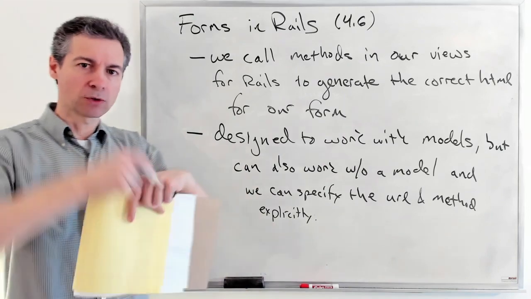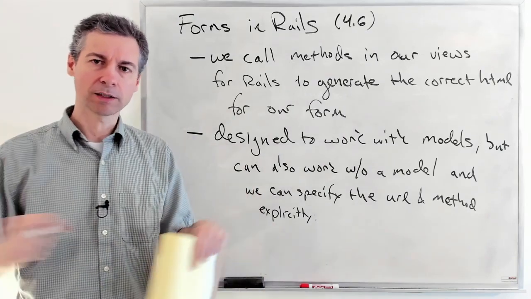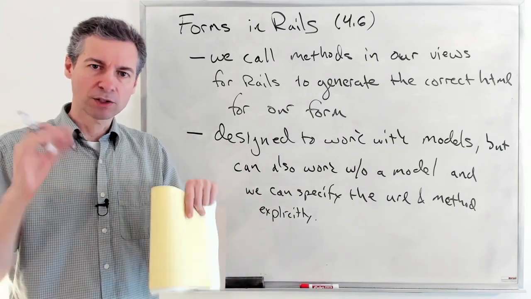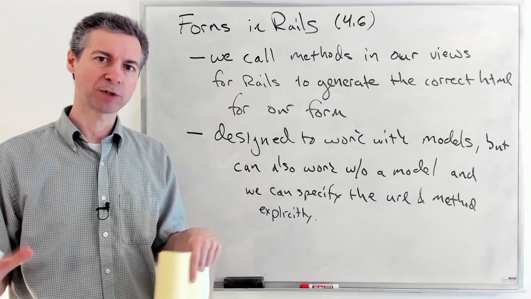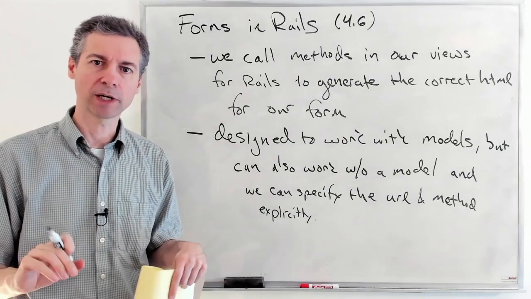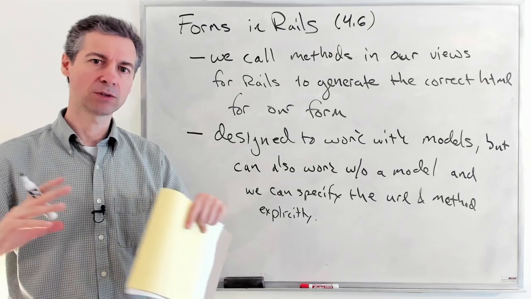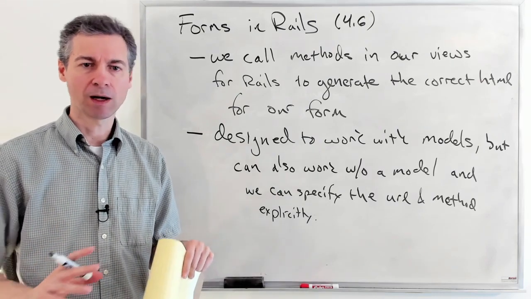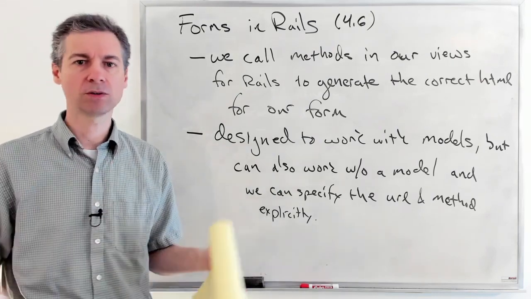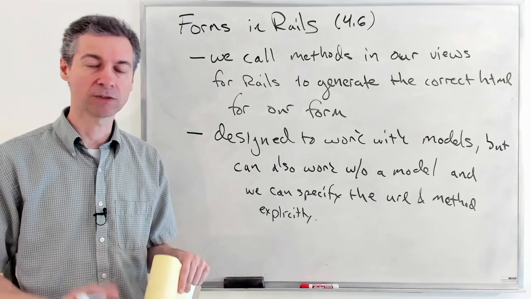But you can peel back the layers and specify more and more options to the methods in Rails to craft it to do exactly what you want. You don't have to utilize the automatic stuff.